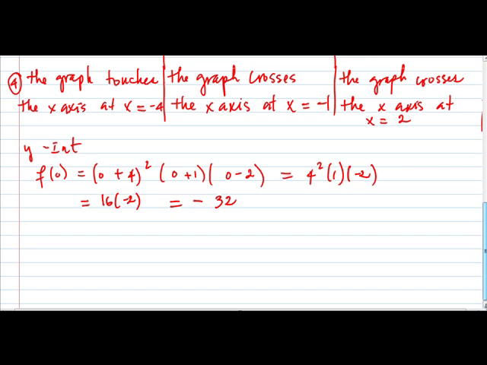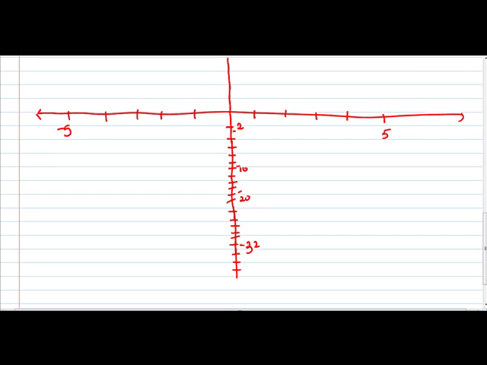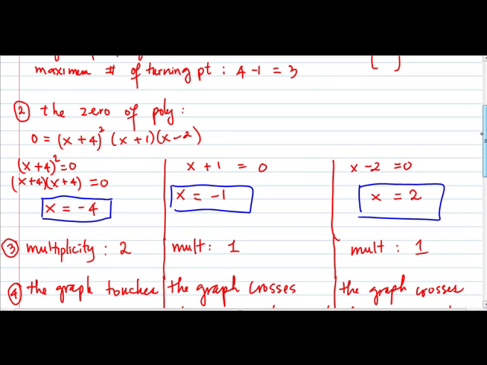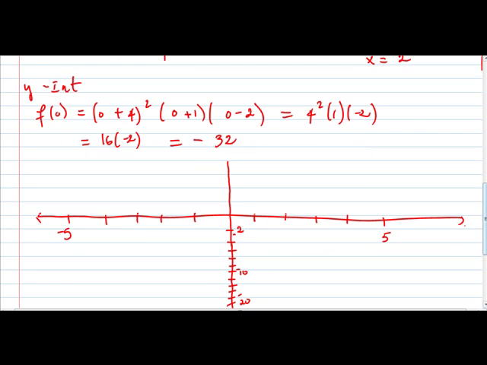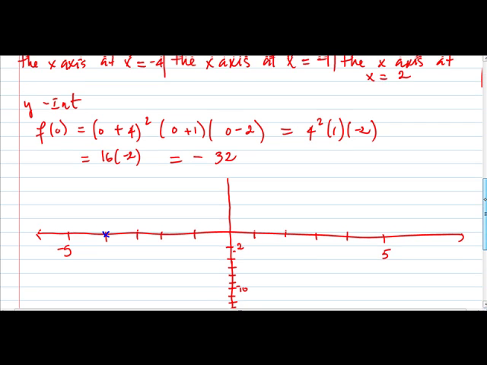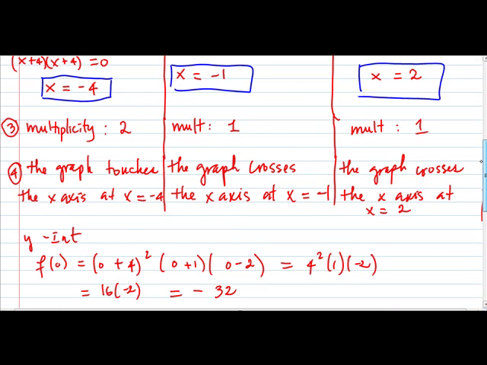So let's see how we graph this. Okay. So first we plot our solutions, or this means our x-intercepts, which is right here, and we also have x equal to minus 1 and 2.